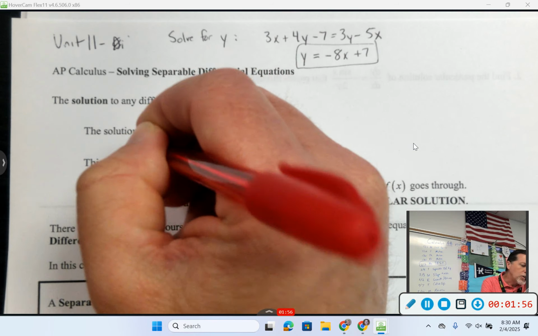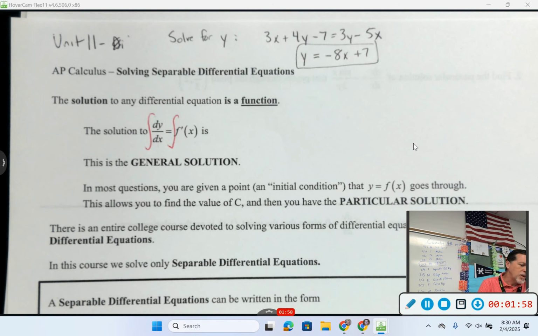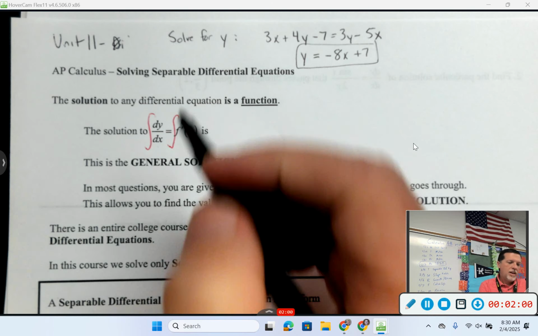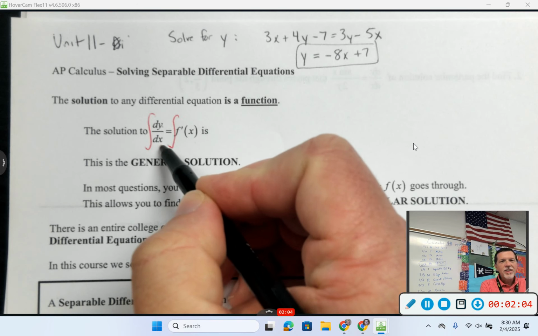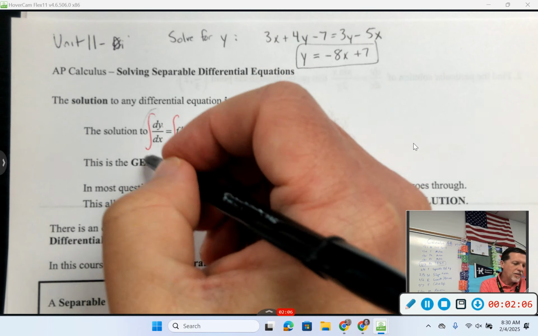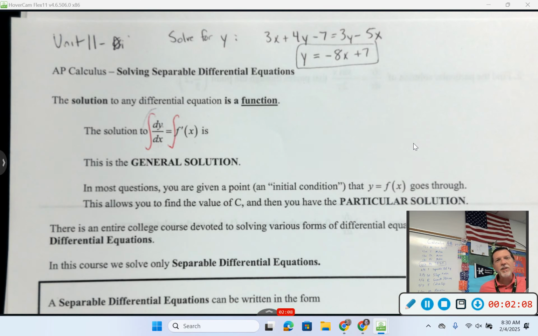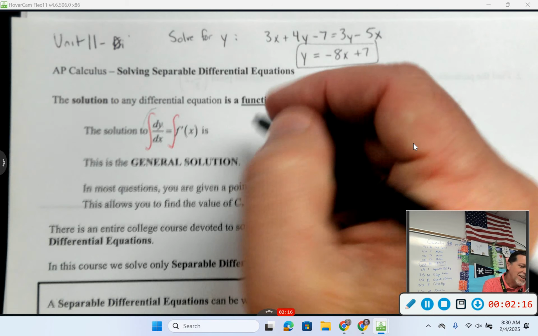You can also take an antiderivative of both sides. And so if I antiderivative the derivative, what do I get? What's the antiderivative of dy dx? Just y.